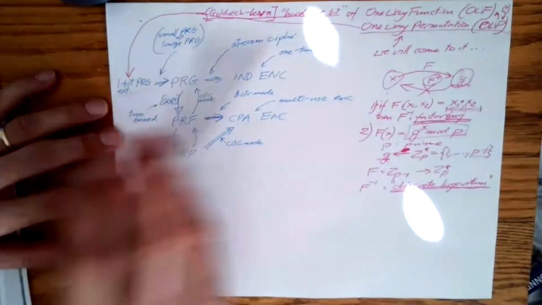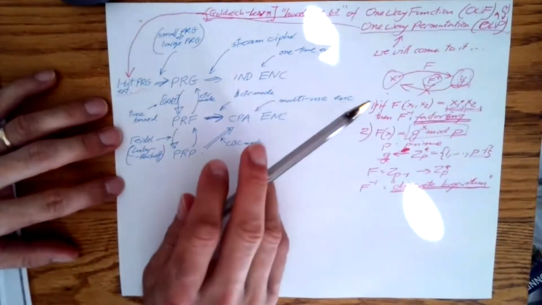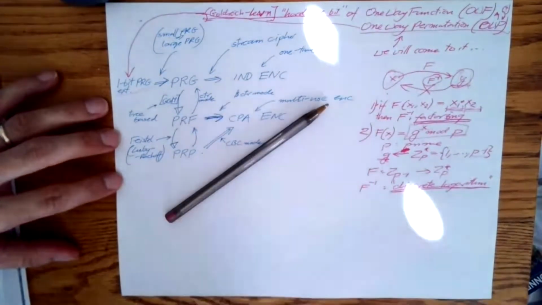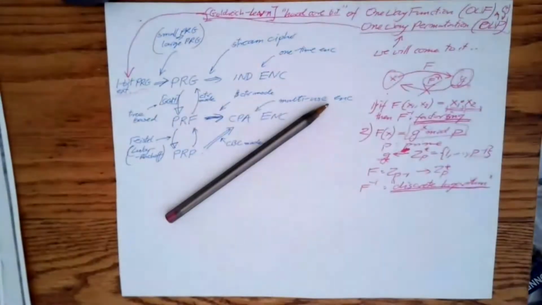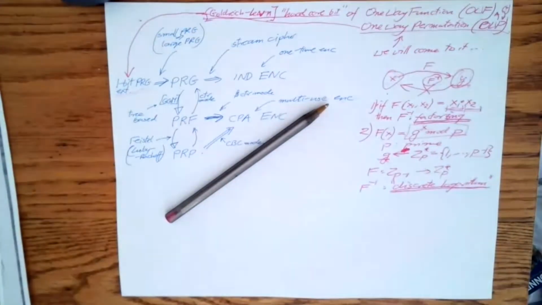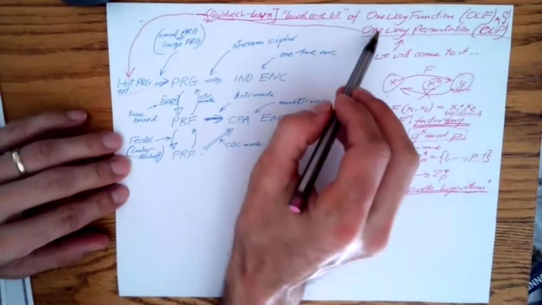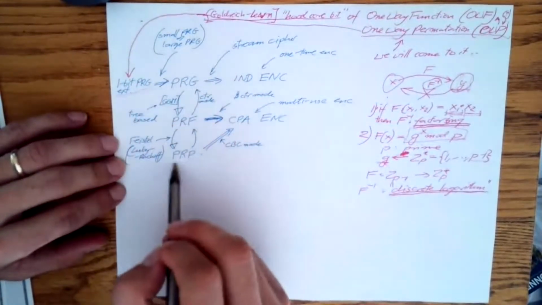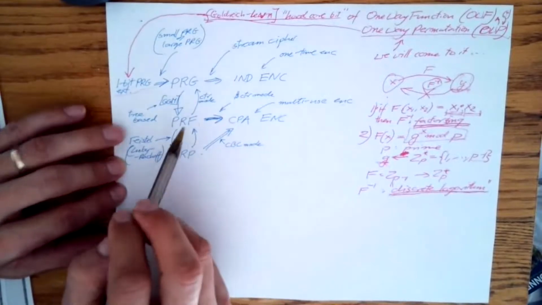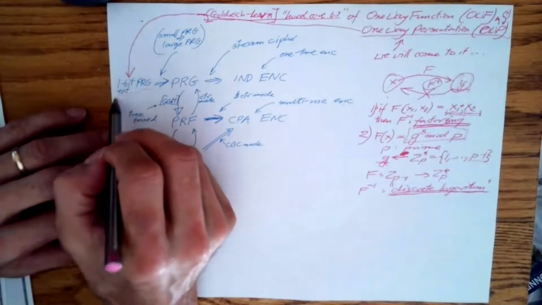Okay, and that's called a one-way function, and it's a much more fundamental concept. You can build a PRG from it, and you can build all this other stuff from it.